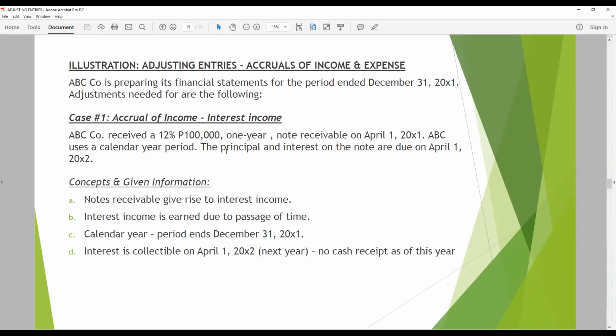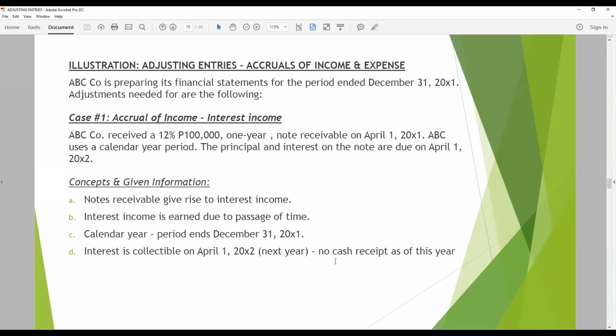And then, times time. Ano yung time nyo? Time nyo is 1 year. So that 12,000 is for 1 year. But you only need to accrue for 9 months. 9 months lang i-accrue nyo kasi yung period na earn nyo is from April 1 to December 31, which is your year end. So you will count now. April, May, June, July, August, September, October, November, December. So from April 1 to December 31, 9 months passed.